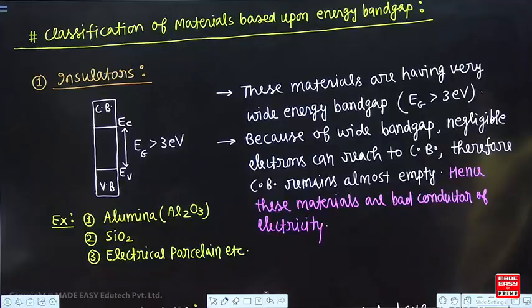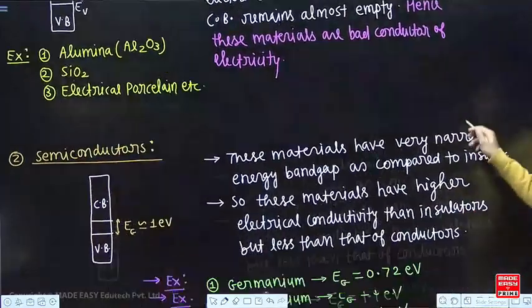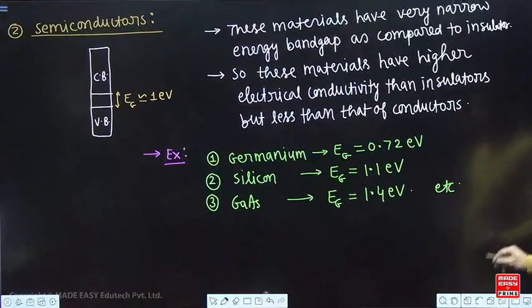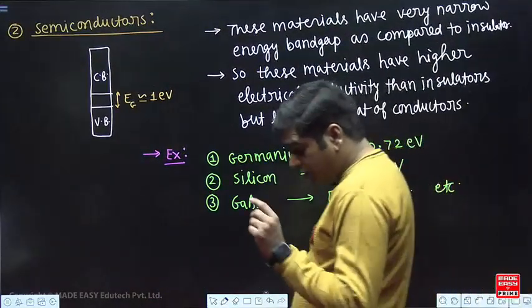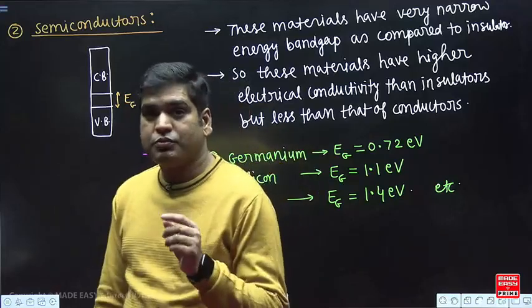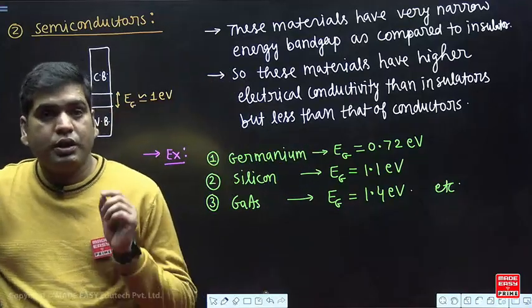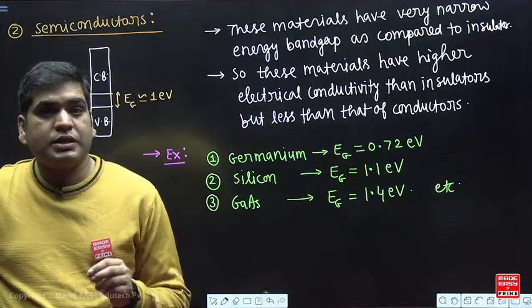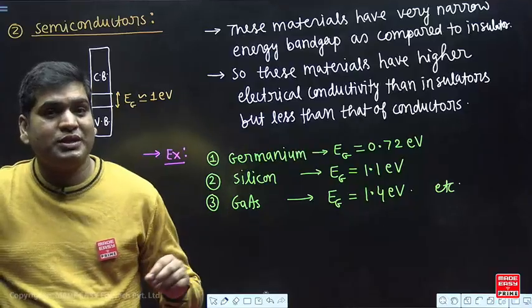We started from here. This is insulators. Semiconductor, the third one. If you recall, when I taught you metallic bonding, I gave one big statement: in metallic bonding, all the valence electrons are free to move anywhere in the material.